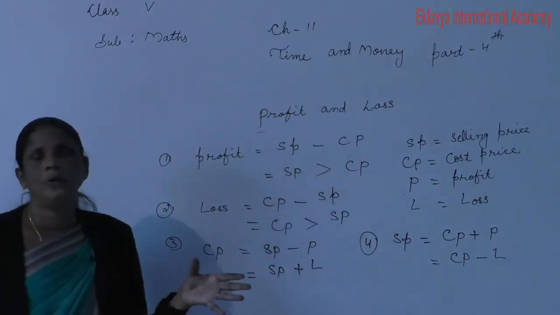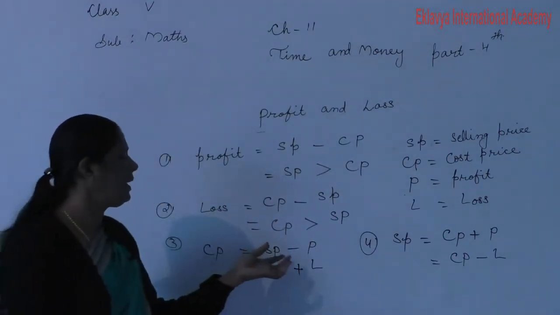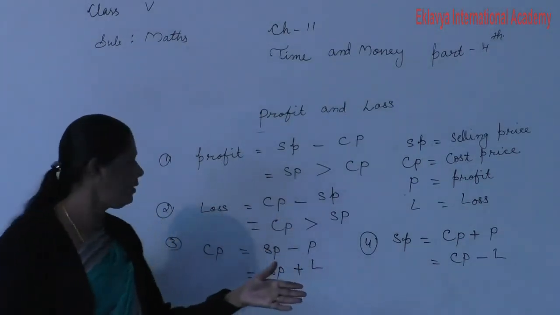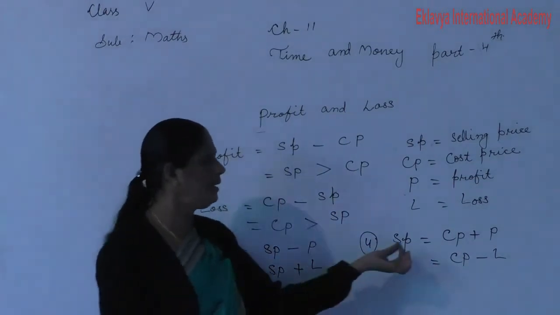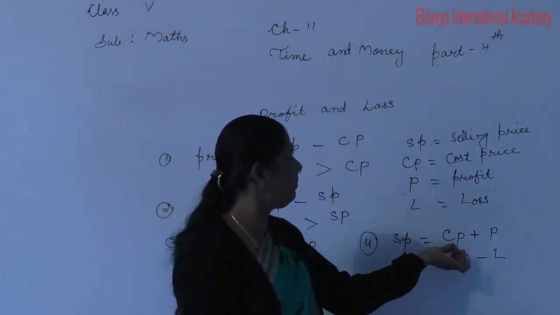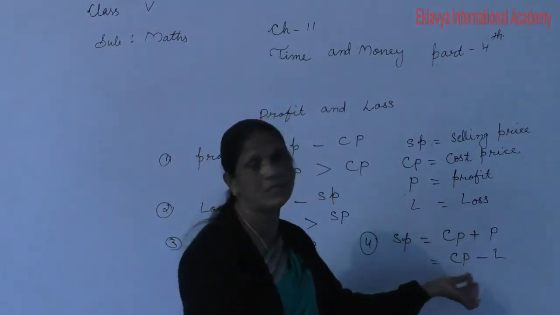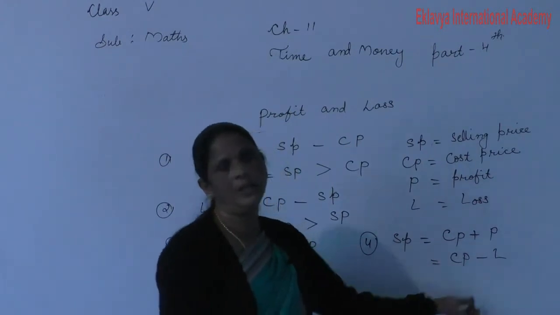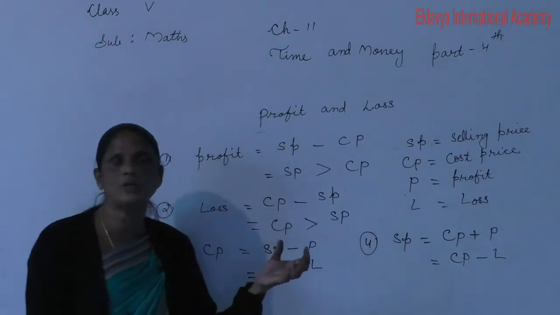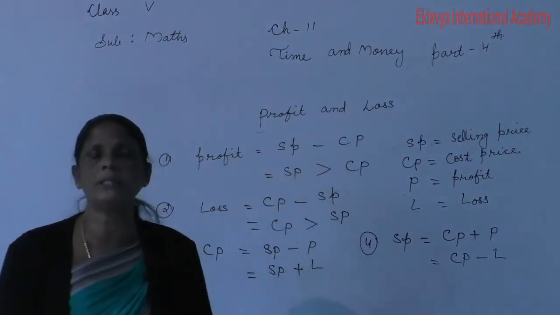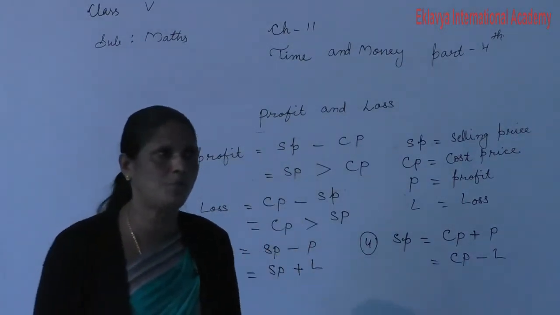CP is equal to SP minus profit or SP plus loss. SP is equal to CP plus profit or CP minus loss. These are the formulas we use to find the profit or loss, the selling price, or the cost price.